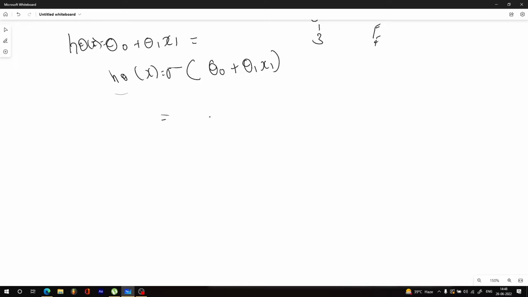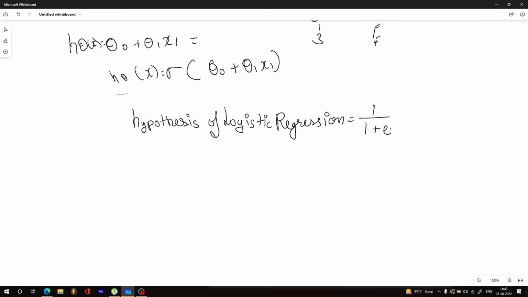So after wrapping, our hypothesis of logistic regression is equal to 1 upon 1 plus e to the power minus (theta 0 plus theta 1 x1).